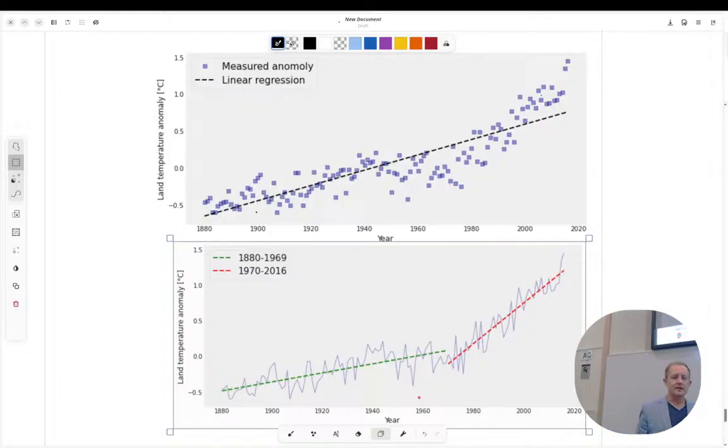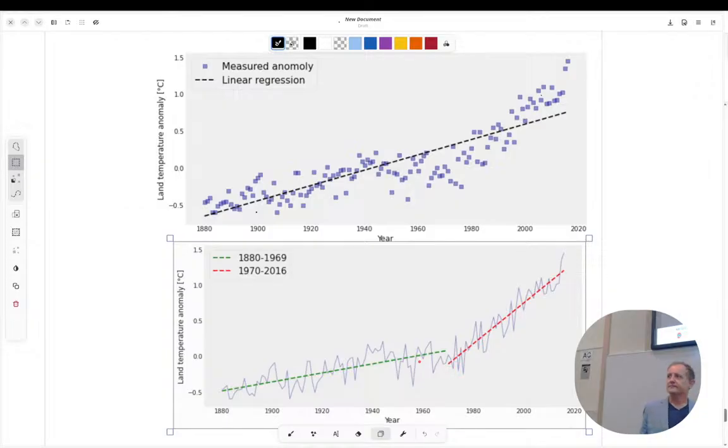Looking at these two plots, which one would you say is a better slope calculation? The second one? I would agree. It looks like this one has one trend and this one has another trend.